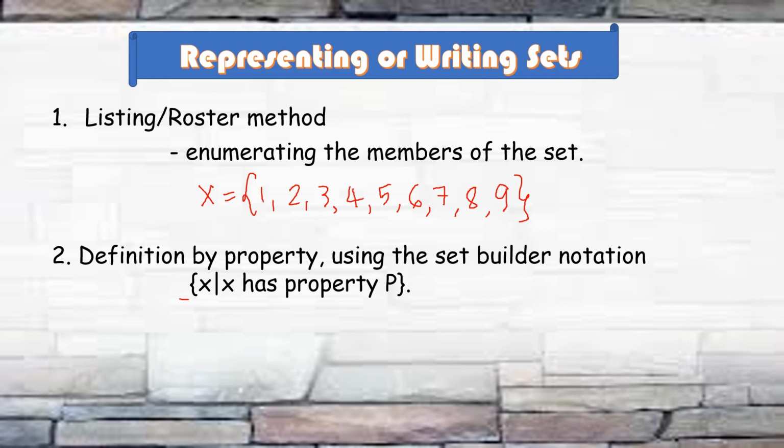X is a property of P. For example, let's use this one. These are the sets. Whole numbers, this is the set where the elements are whole numbers less than 10. So you'll just write it in word form. So X is equal to, you will copy the X.